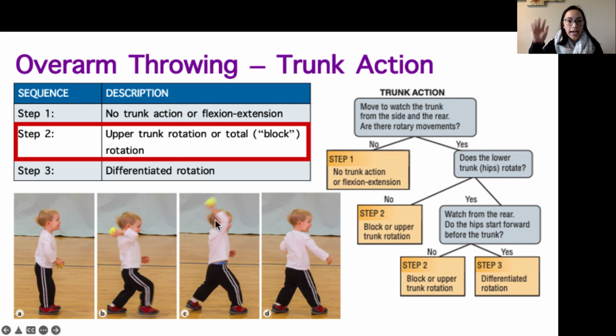Arm backswing action does affect how much trunk rotation will occur. So because this little boy was kind of at a lower developmental level for the backswing, the trunk rotation that you might see during that phase of the movement isn't quite as apparent, but you could see where his little pant lines are, if that's like his greater trochanter in relation to his shoulder. His body is rotating in a blocked fashion.